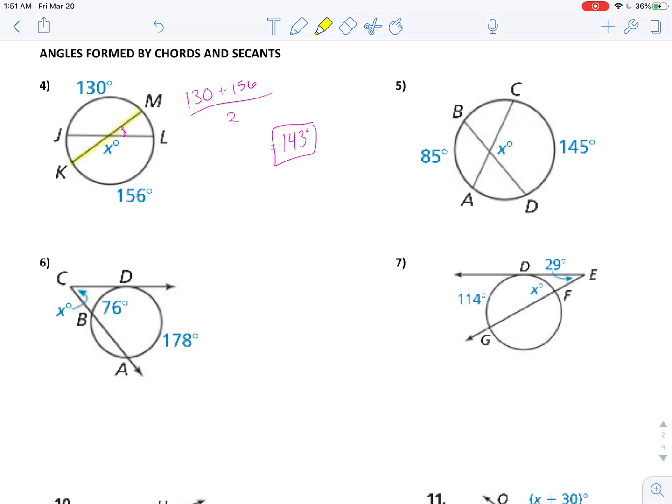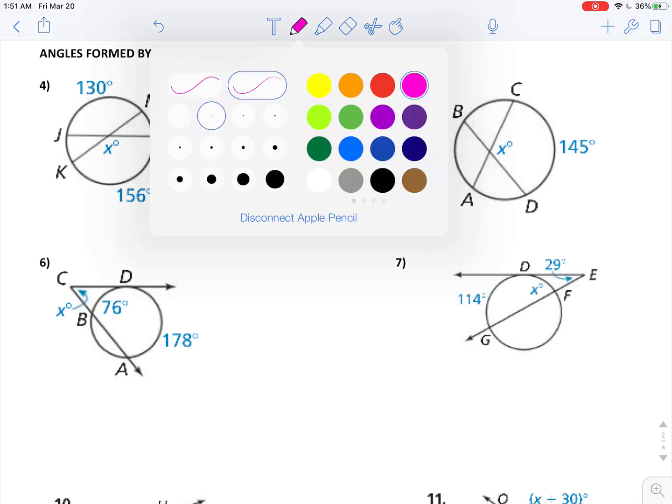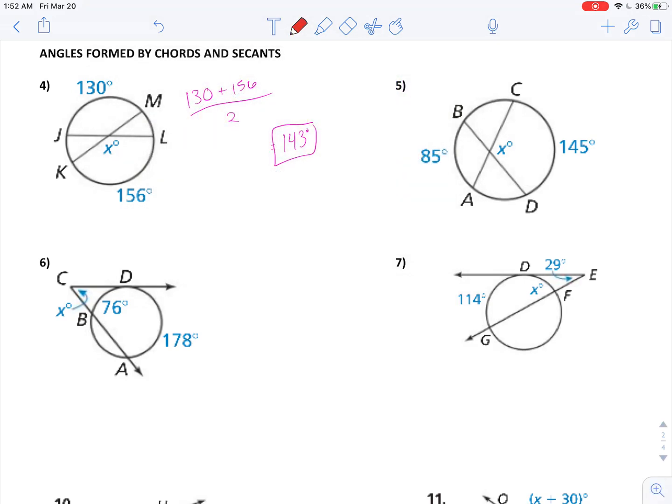And if we wanted to find this angle here, well, we could just look for what's going to form a linear pair. We could subtract from 180 and get 37. It's not the question right now, but it's an important thing to keep in mind. So why don't you guys try 5, pause the video, and see how it went.